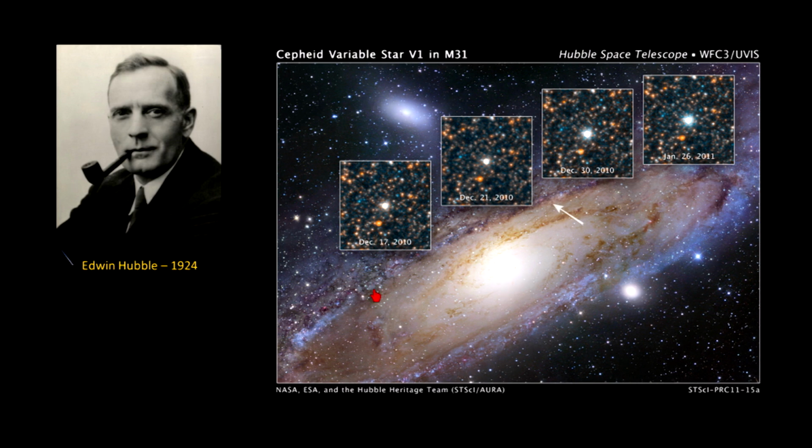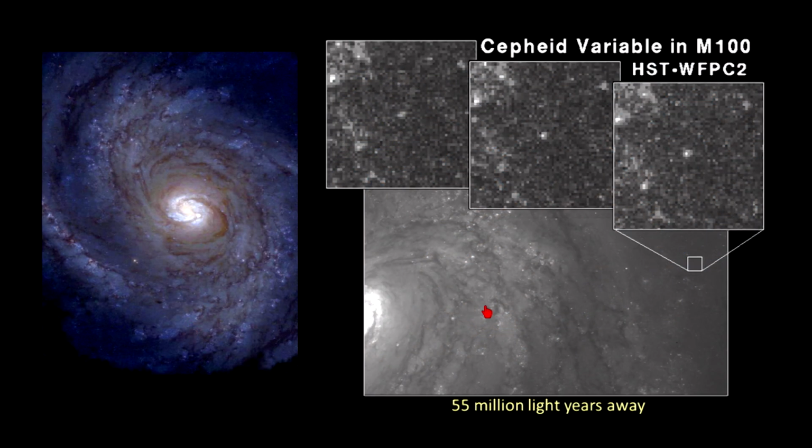So in the 1920s, our universe grew from being one big Milky Way with lots of things in it, and that's it, to suddenly a much bigger universe with lots and lots of galaxies, the Milky Way being just one of them. Now here's a final example. The galaxy called M100, photographed here on the left, also contains Cepheid variable stars.